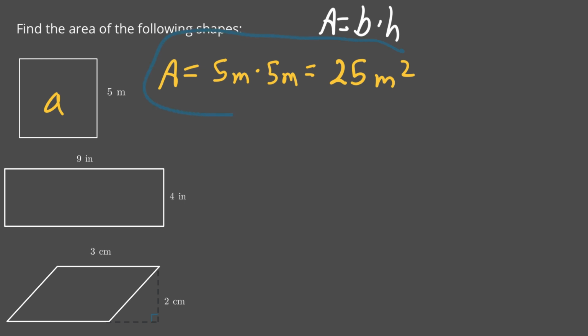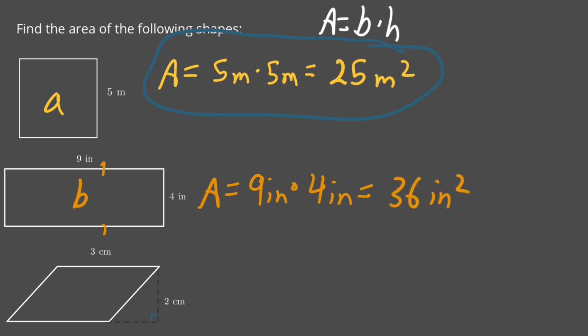Great. Let's move on to the rectangle, which we can call part B. For the rectangle, again, we use base times height to find the area. So we have area equals a base of 9 inches, knowing that those two sides are equal, times our perpendicular height of 4 inches. 9 times 4 gives us 36 inches squared.